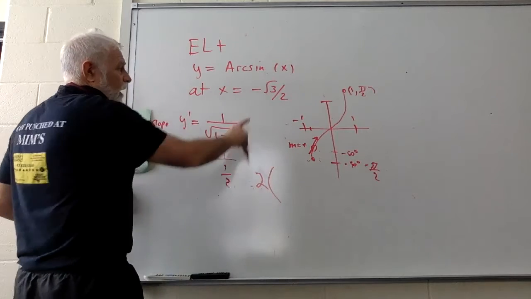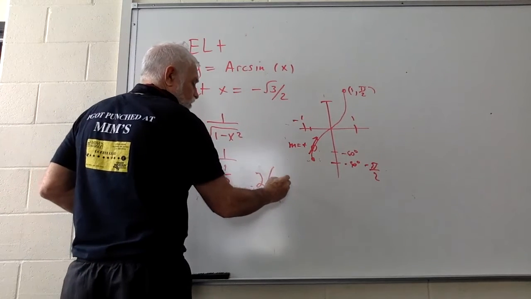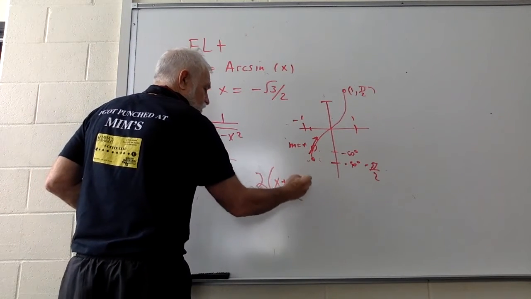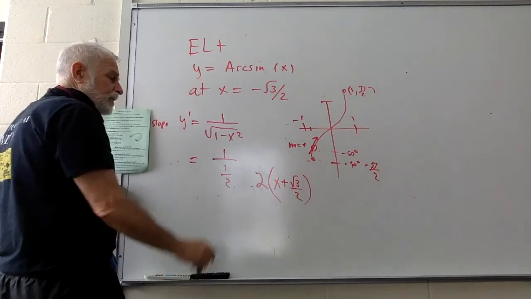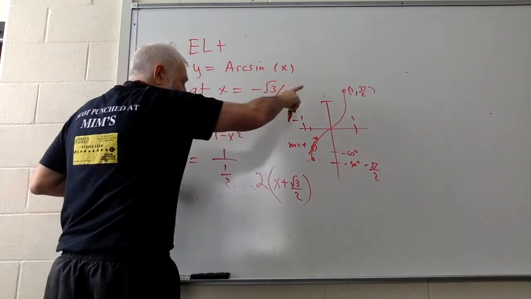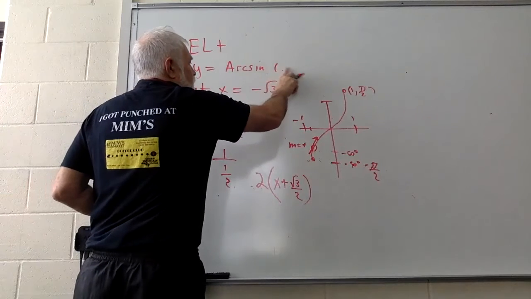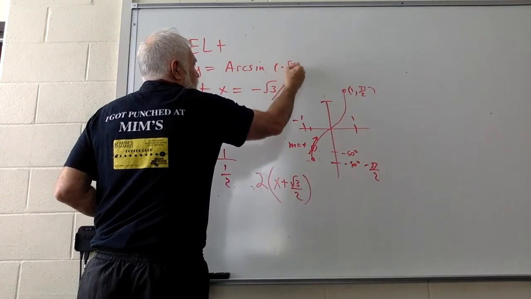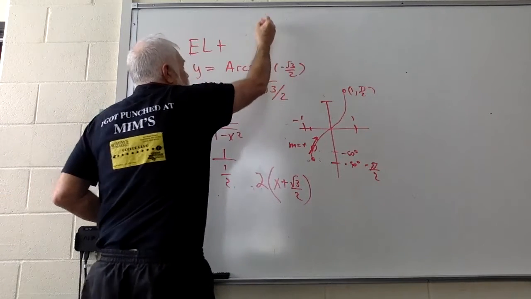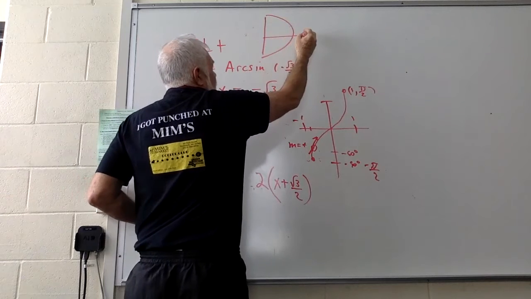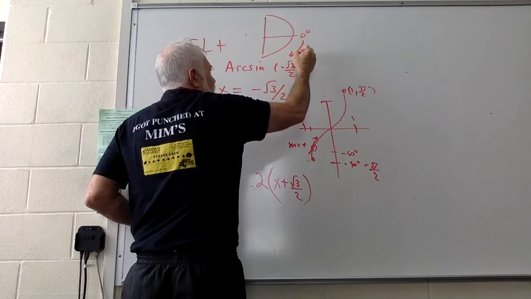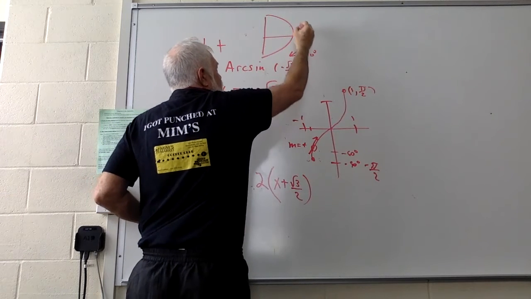For that tangent, I know the x value, minus root 3 over 2, so I write positive root 3 over 2. That's the first step in conversion is subtraction. If I subtract that out, I want to bring in the value of the arc sine of negative root 3 over 2. Again, another crash course. The arc sine is the right side. I have 0 degrees here. I move in the negative direction to negative 90 in that direction.